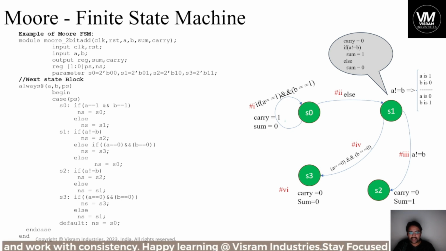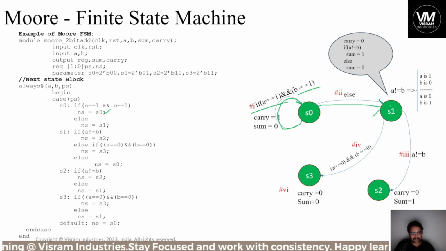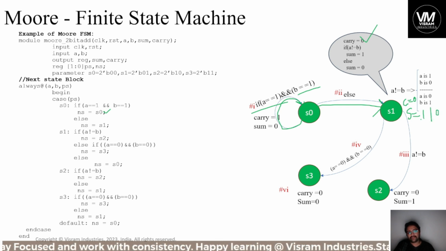So for that carry 1 and sum equal to 0, what is the condition? A is equal to 1 and B is equal to 1. Next state will be S0, or else it goes to the next state. At this point of time, we are seeing carry is equal to 0, sum can be 1 or 0. We don't know.